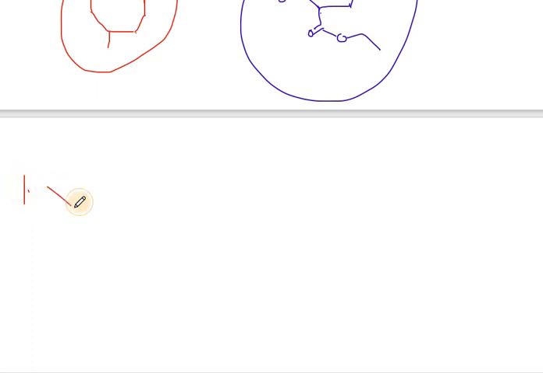So let's say we have this. With your knowledge of the intramolecular aldol condensation reaction, which is in the video on the channel, and with the knowledge of the Dieckmann reaction, propose the two products for this reaction.